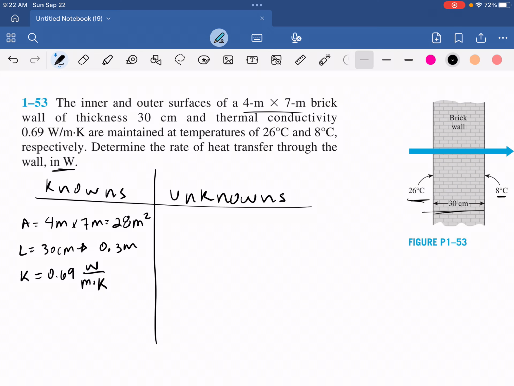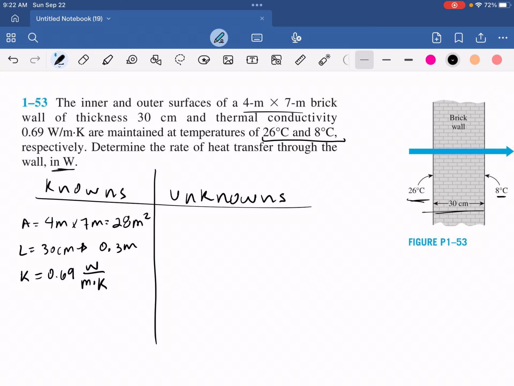Okay. Now, delta T. One thing that we've done is that we add 273 to convert from degrees Celsius to kelvins, and when we subtract them we still get the same answer.